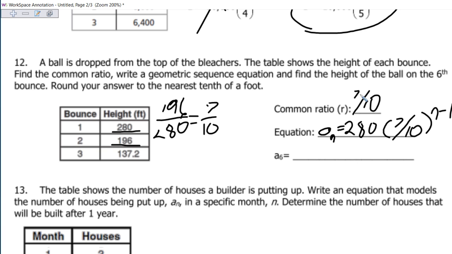So we go ahead and load this into the calculator, and we're going to go 280 times 7/10 raised to the 6 minus 1. Okay, if you would like to put in 6 minus 1 is 5, that's fine. By all means, go right ahead.